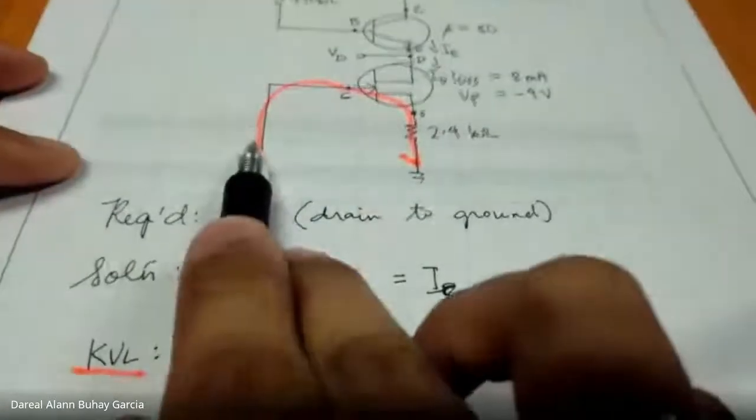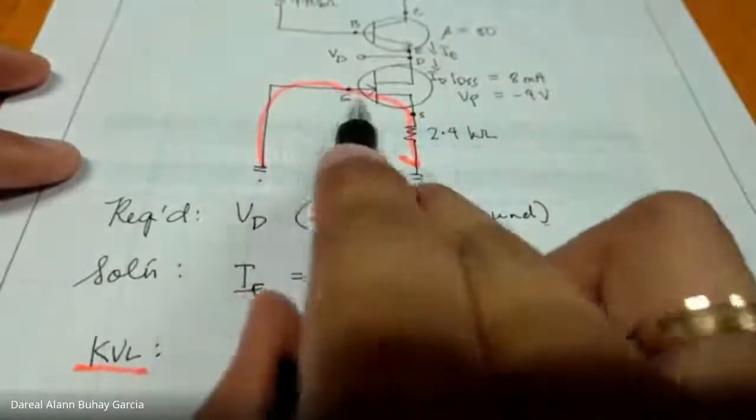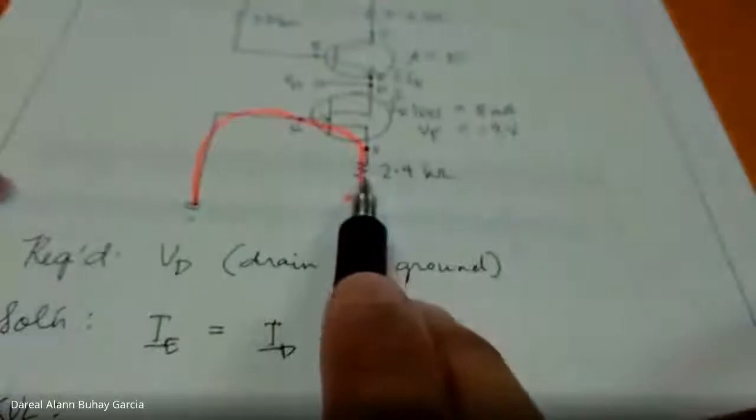Okay, first the opening. Since IG is 0, we have negative VGS minus IS RS equal to 0.